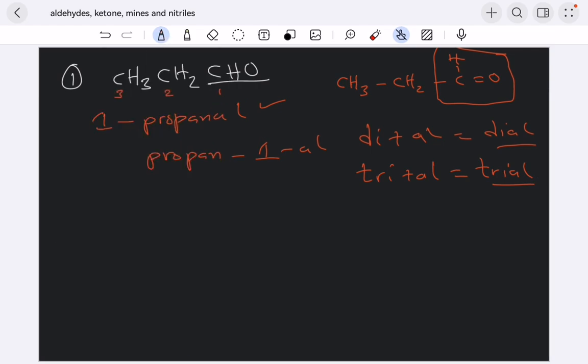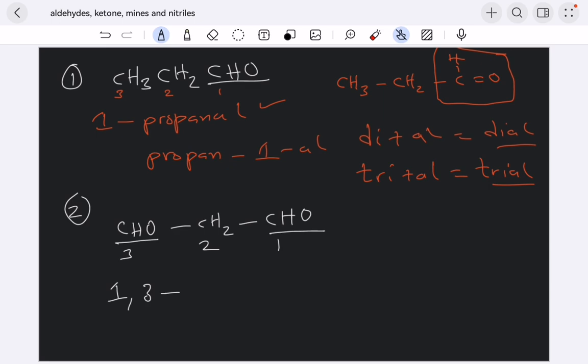Let's look at an example in line with what I have mentioned. So in a case where you have CHO connected to CH2 and CHO, where these will stand in as functional groups. When you do the counting, this is your 1, this is your 2, that is your 3. So it means that at position number 1 and position number 3, you have the functional group.